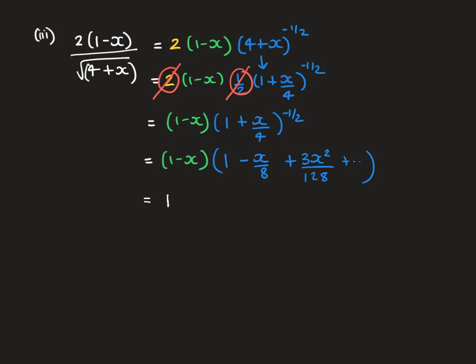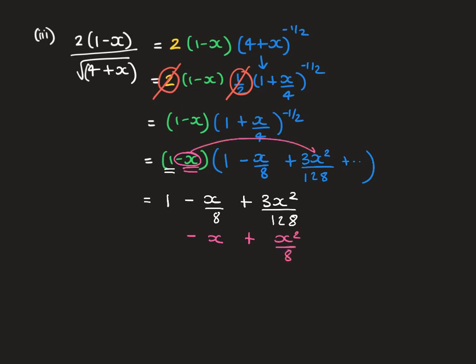So that's 1 minus x over 8 plus 3x squared over 128. I've multiplied everything in the blue bracket by the 1. I'm now going to multiply everything in the blue bracket by negative x, careful, and let's stack the terms. So that's minus x plus x squared over 8.